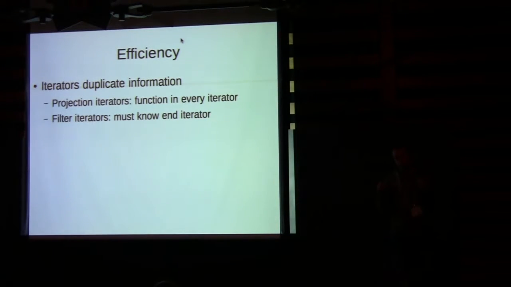Aside from runtime efficiency, there's also the space efficiency problem when you write adapters. A projection iterator, like transformed, means that every iterator stores the function object that is used to transform the value. If that's a stateful function object, that means that for a range you'd store that object twice.